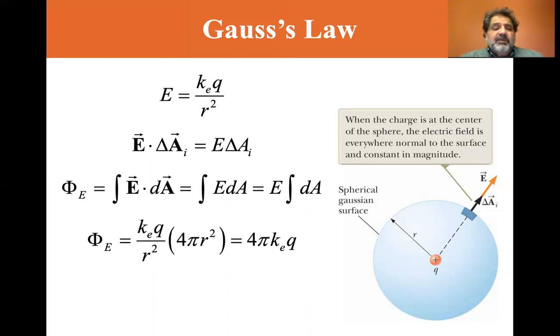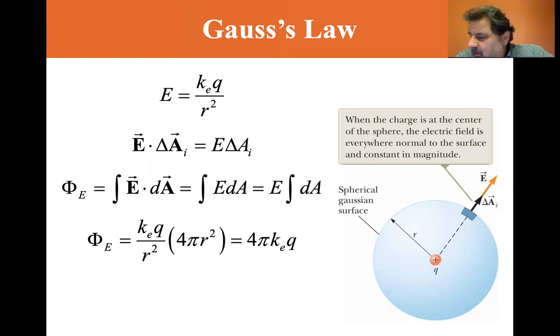So the electric flux is KEQ over R squared, that's the E part, times 4 pi R squared. 4 pi R squared is the surface of a sphere. So the R's cancel, and you end up with 4 pi KE Q.